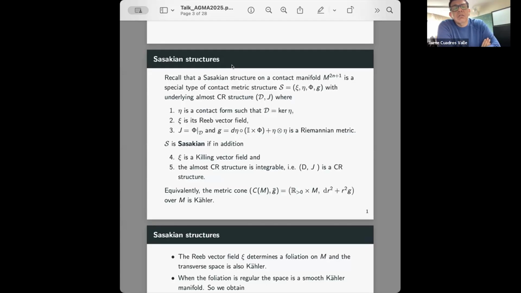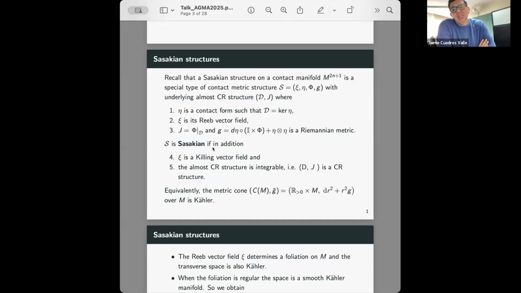A vector field that usually is called a Reeb vector field, a contact form that gives you some sort of transverse symplectic geometry, and of course an almost complex structure that can be extended to something that is called an almost contact structure on the manifold. And of course also a Riemannian metric defined as you see in item 3.